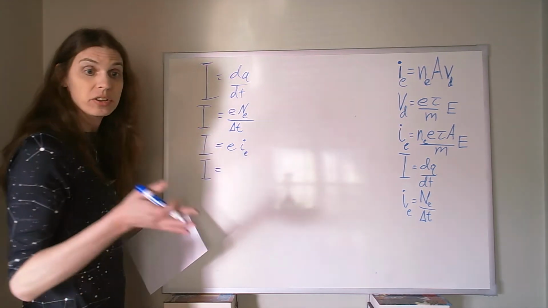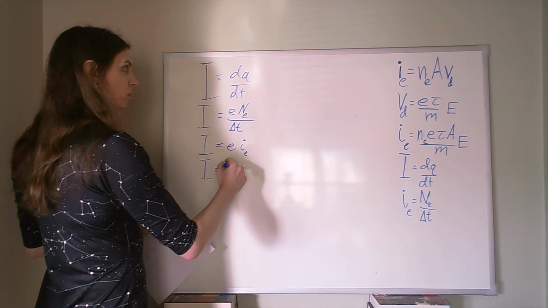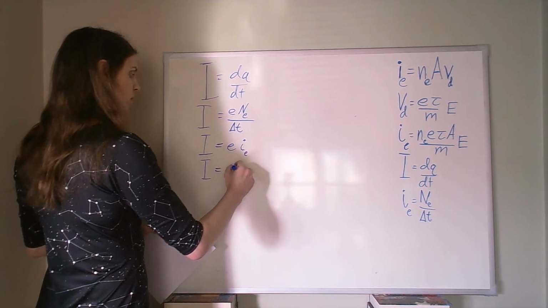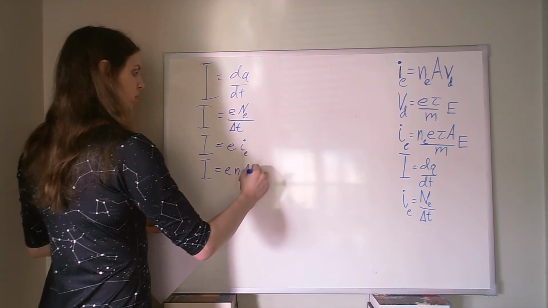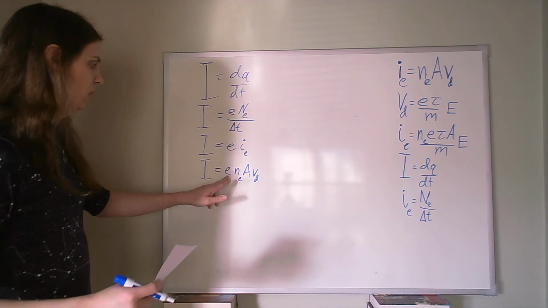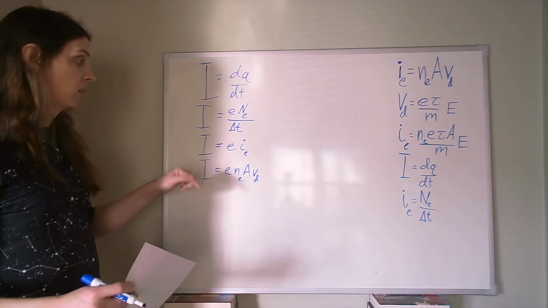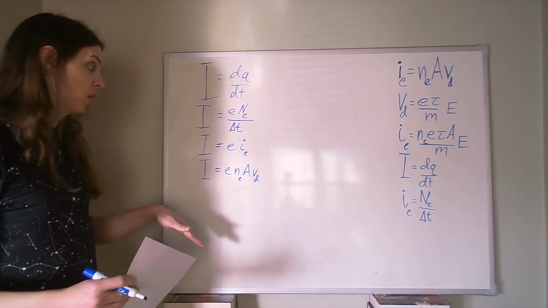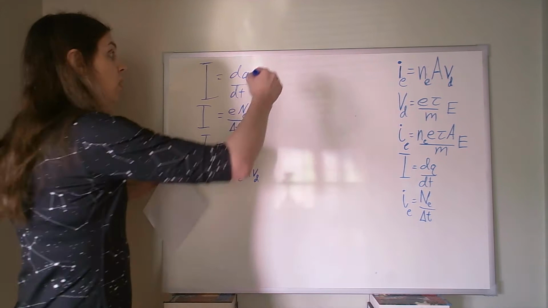So electric current in terms of drift speed goes like elementary charge times the electron density, number of electrons per unit volume, times the cross-sectional area of our wire.